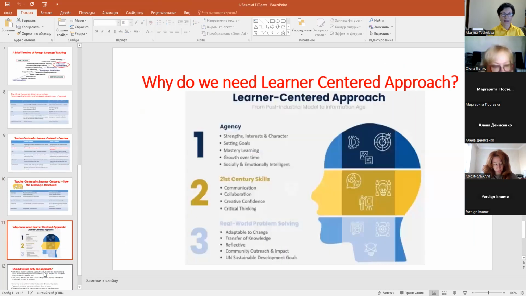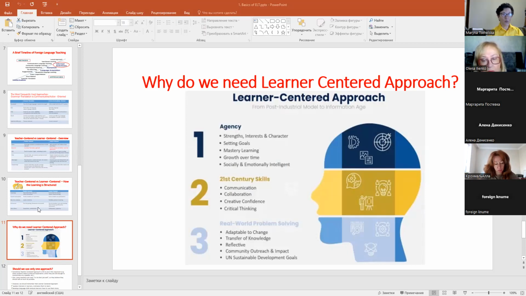So I like to think of the learner-centered or learning-centered approach, but now we're talking about learning. I like to think of this approach as a very important element of forming a 21st century learner and teacher as well.